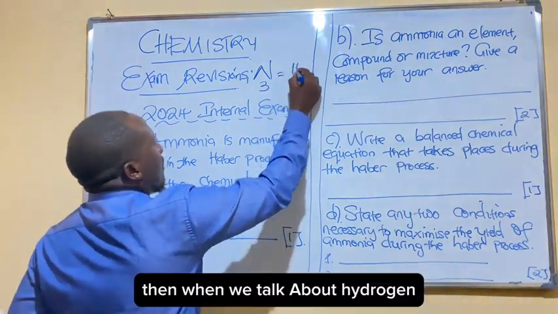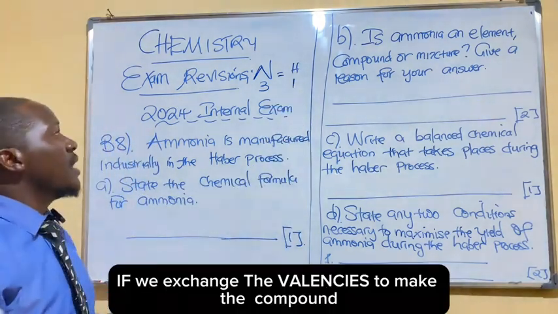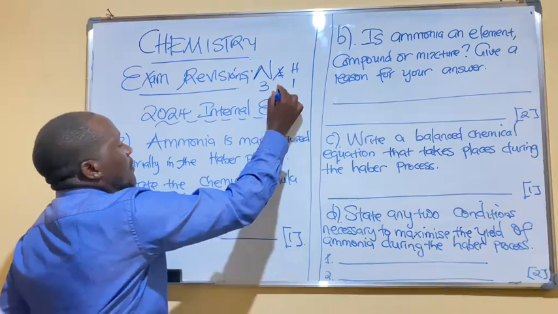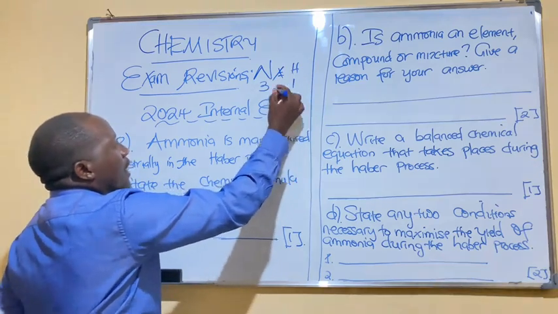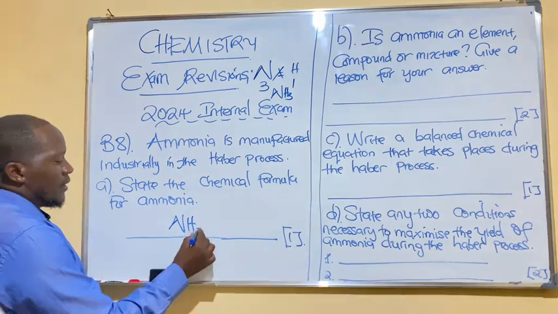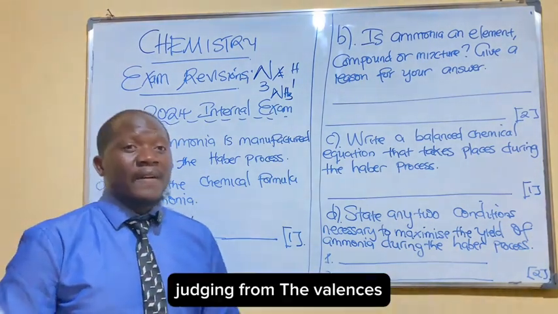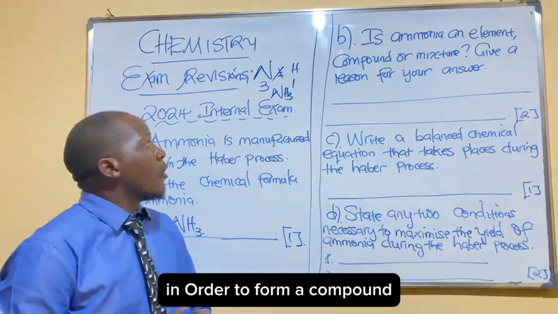Then hydrogen only has 1 electron. If we exchange the valences to make the compound, we say nitrogen times 1 is nitrogen, hydrogen times 3 is hydrogen. Hence, the chemical formula for ammonia is NH3, judging from the valences that the elements exchange in order to form a compound.